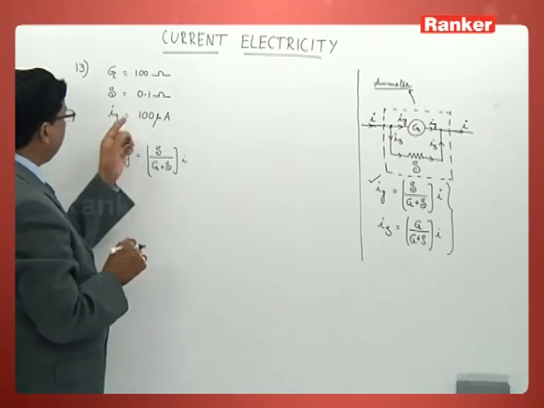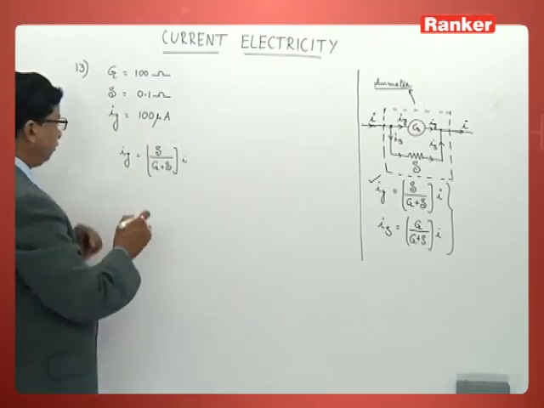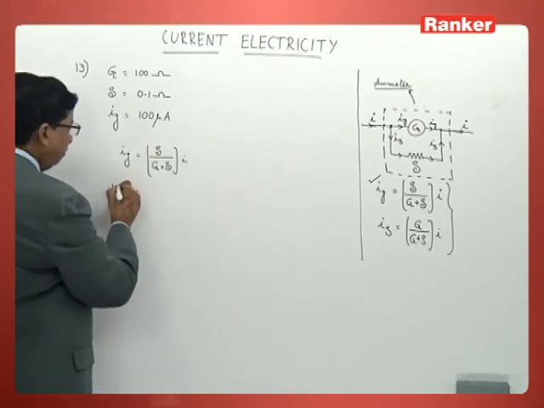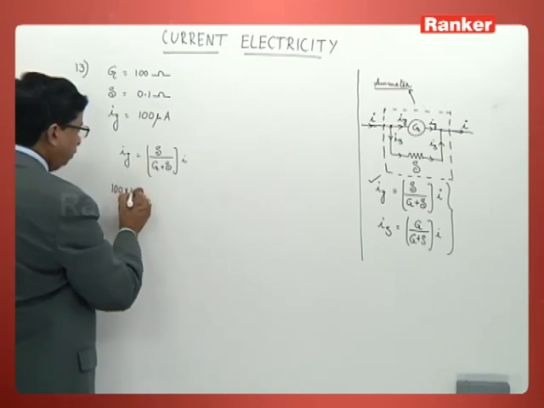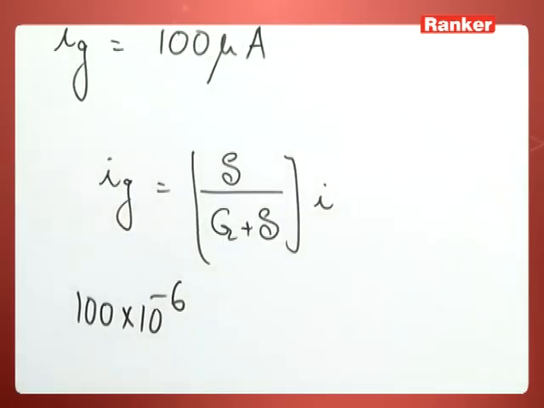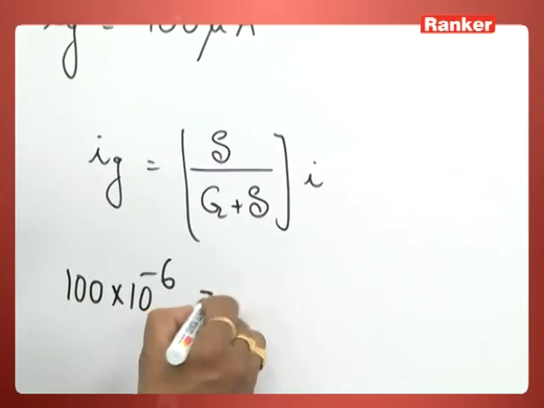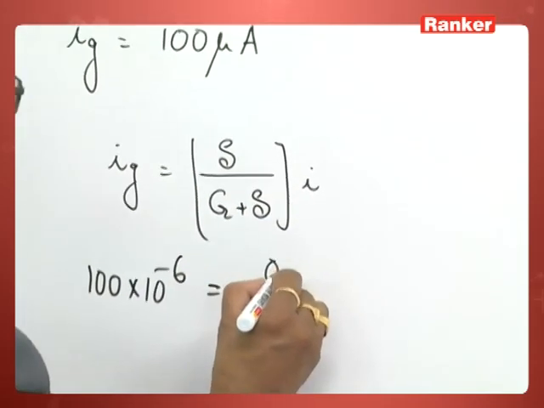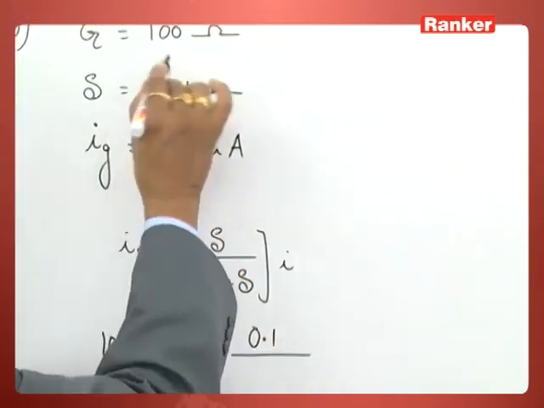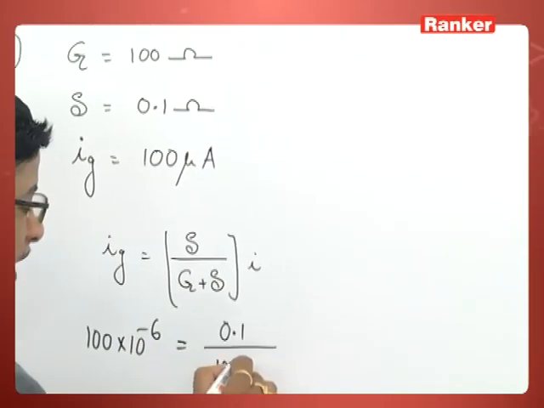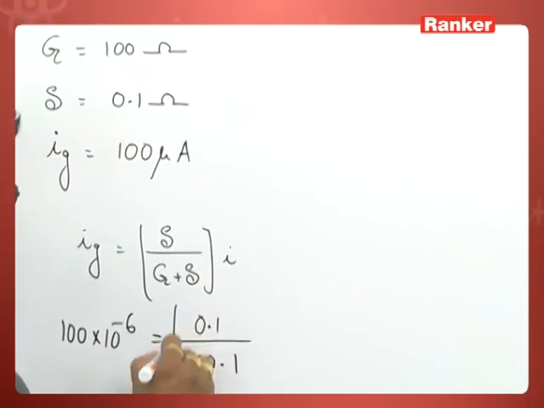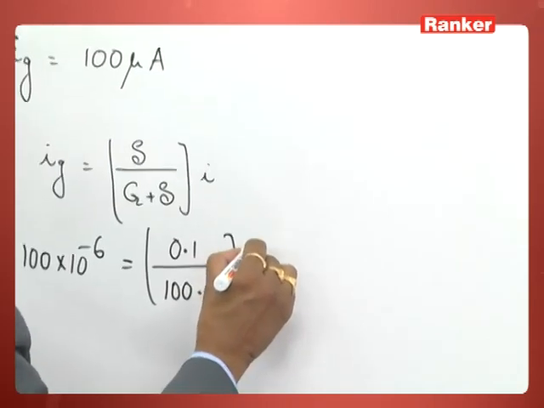You can understand what the value of Ig is now. It is 100 microampere, that is 100 × 10^-6, equal to shunt given as 0.1, over G plus S which now becomes 100.1, into the value of I.